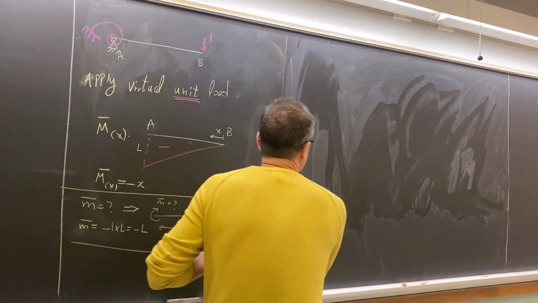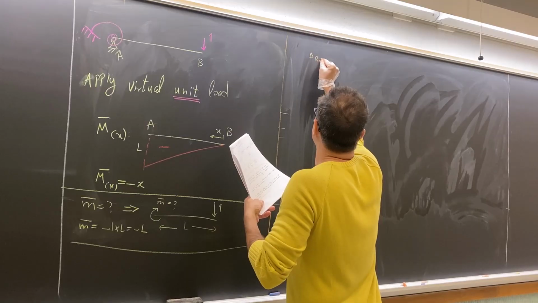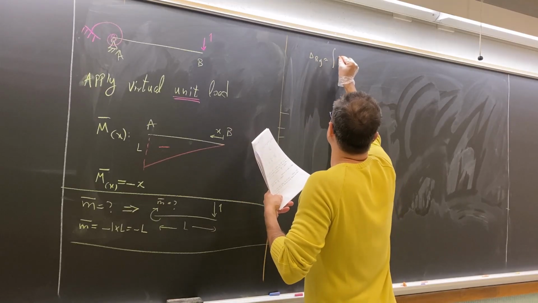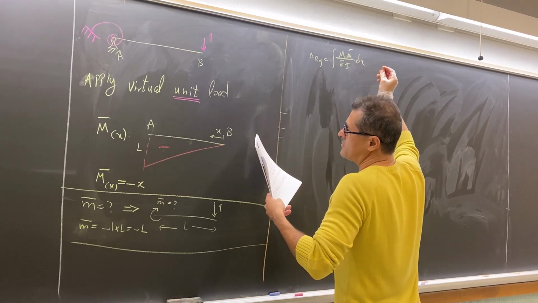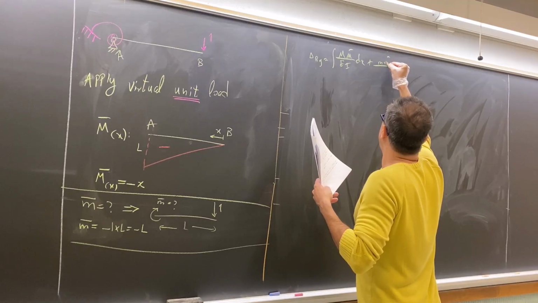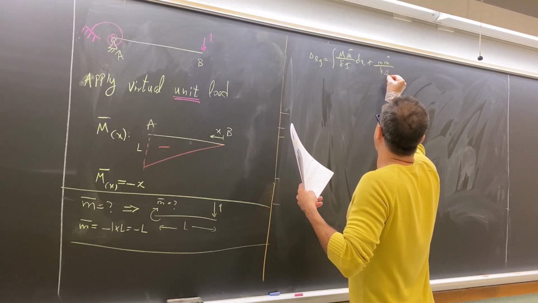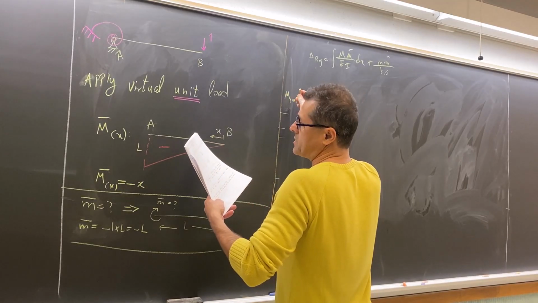I just write it because we don't have much time. So delta By is this one. This is Mx.